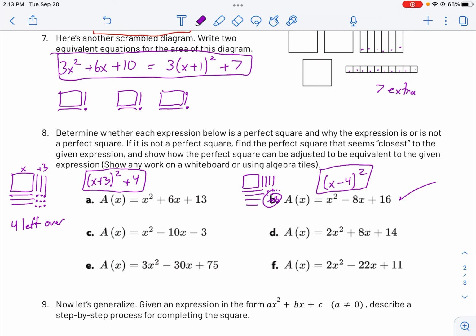So looking at C, x squared minus 10x minus 3. So we've got x squared. We're going to have 1, 2, 3, 4, 5. 1, 2, 3, 4, 5. Okay. Now, I know that's 5 by 5, so I'm going to need 25 there, but I'm already at negative 3.